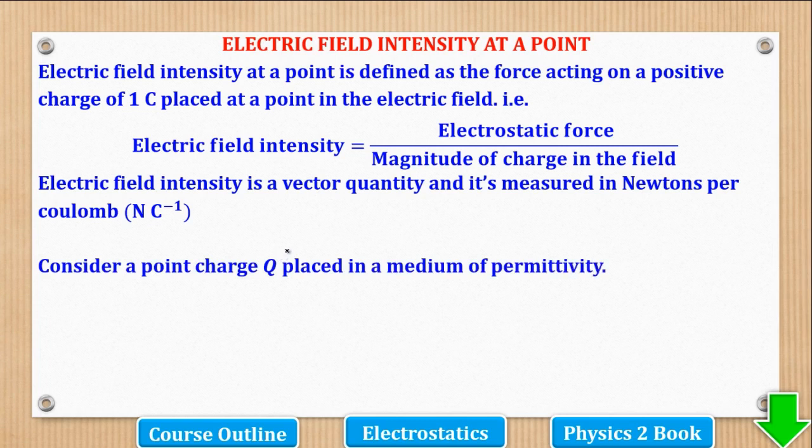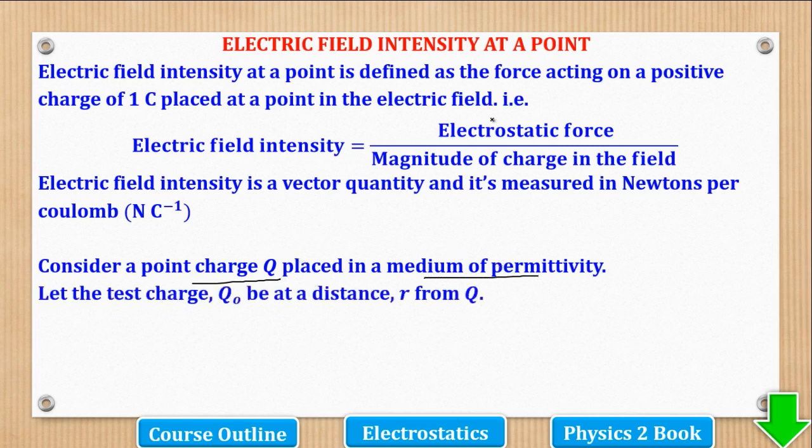So we shall try to derive a formula for electric field intensity at a point. We shall consider a point charge Q placed in a medium of permittivity epsilon. This charge will be the one creating the electric field.